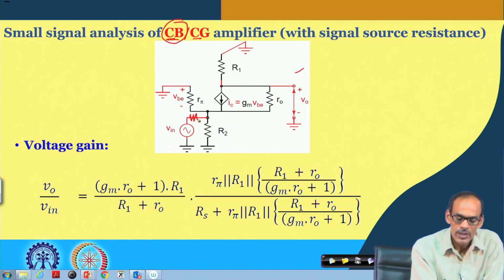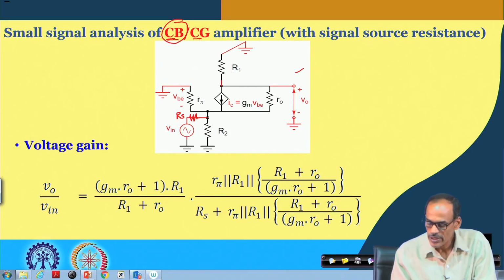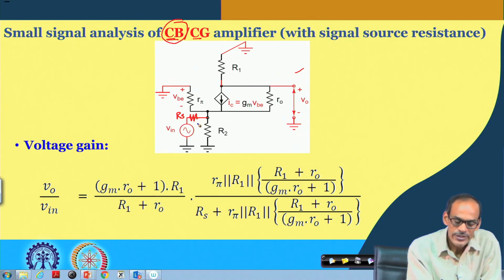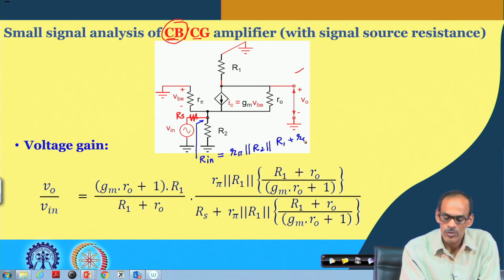Now, along with that, if I consider it has a source resistance of Rs, and this circuit has input resistance looking into the source node, Rin, which we already have discussed is r_pi in parallel with R2 in parallel with R1 plus RO divided by Gm RO plus 1.